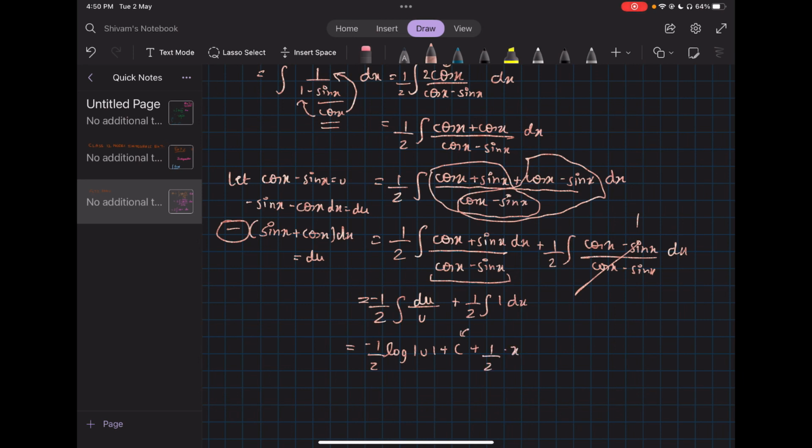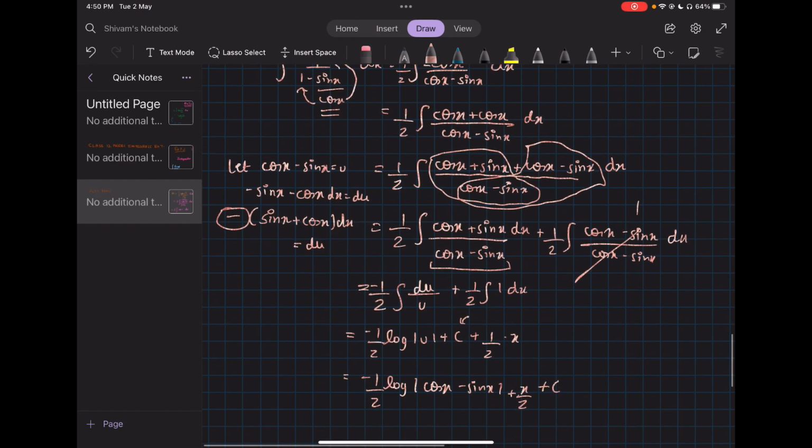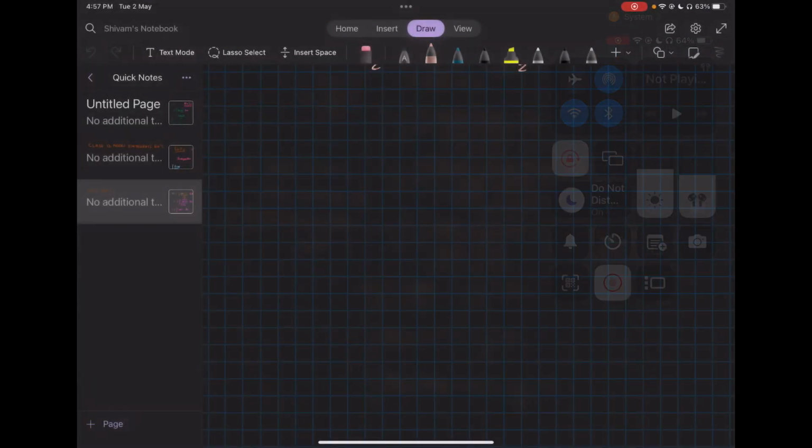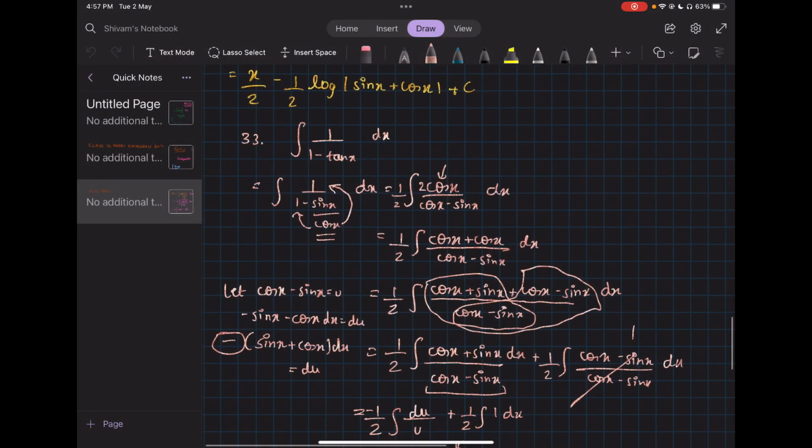And we already added the c here, so I'm not gonna write it again. Now replacing, u becomes, of course, cosine x minus sine x plus x over 2 plus c. That seems to be the right answer. Alright, guys, that was question number 33.